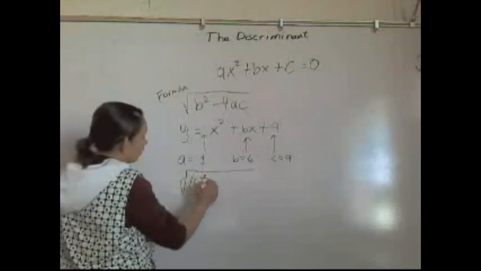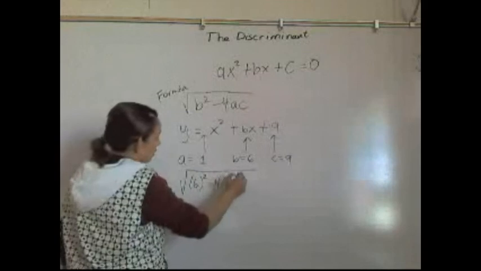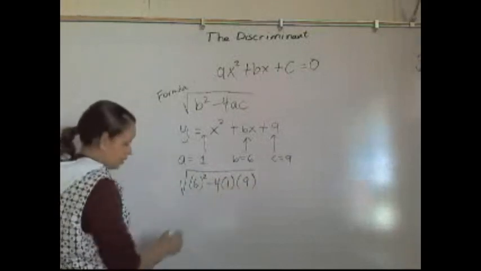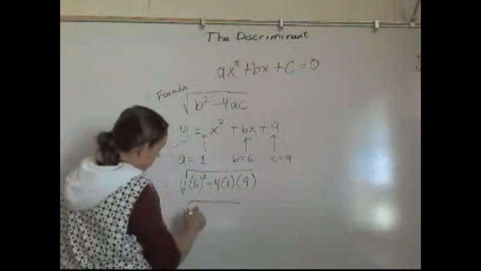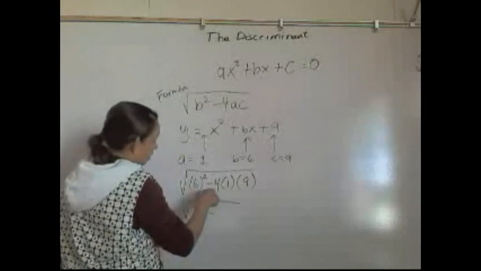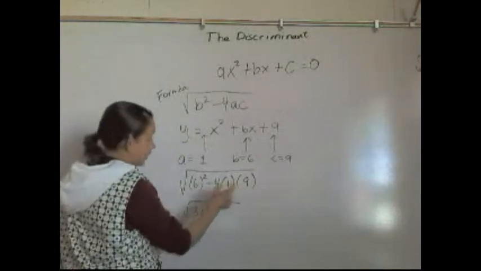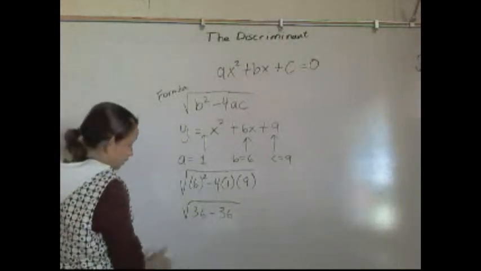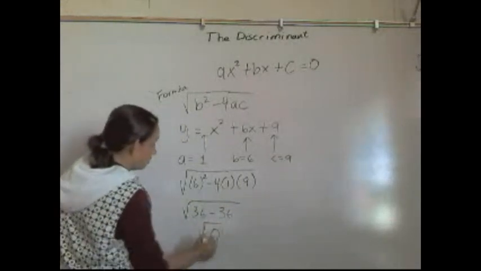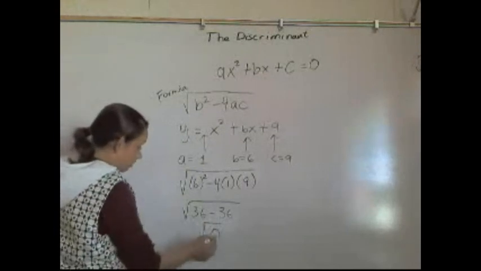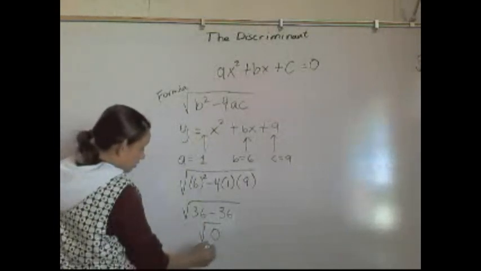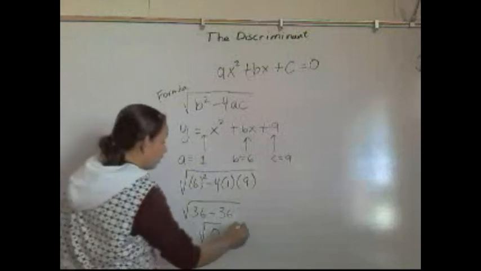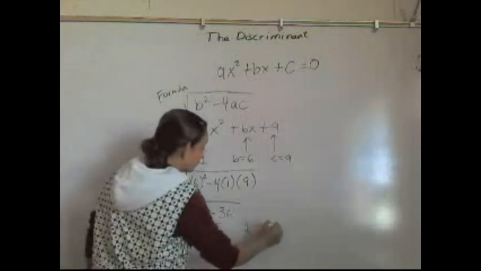Put it inside the square root. So we have 6 to the second power, 6 squared, minus 4 times 1 times 9. 6 squared is 36. Negative 4 times 1 is negative 4, times 9 is negative 36. 36 minus 36 is 0. The square root of 0 has only one value, and that will be 0.